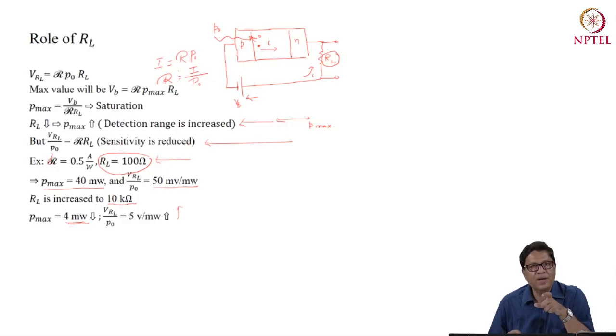I am able to get 5 volts per milliwatt, which was earlier 50 millivolts per milliwatt. So depending upon your sensitivity or the detection range, you select the value of RL. So RL plays a very important role in the design of a receiver based on a photodiode.